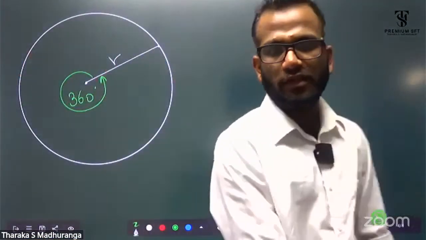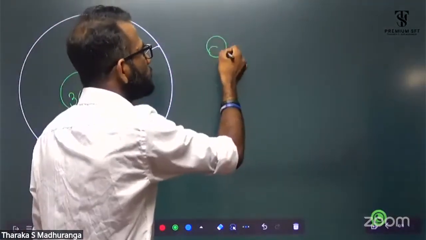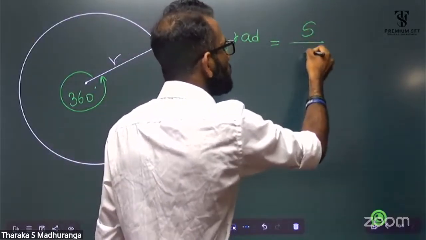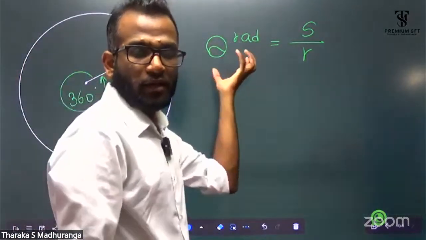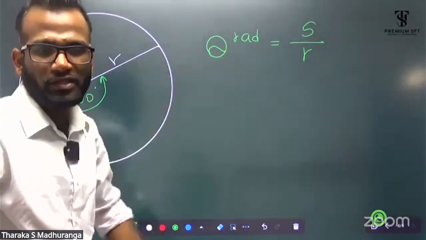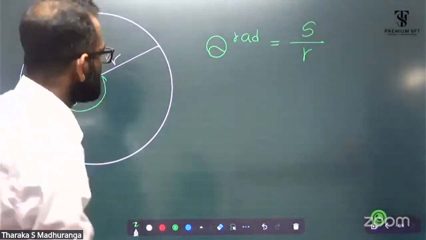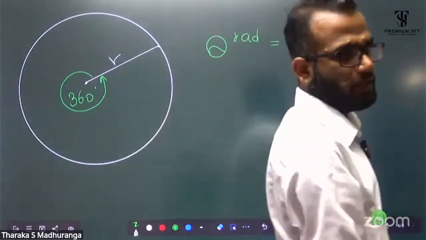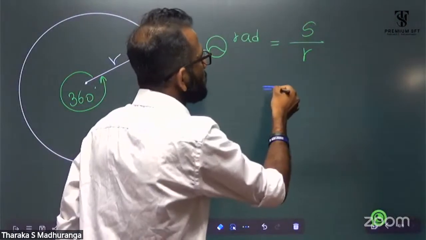If you take the full arc length, theta in radian equals s over r, arc length over r. Then we can get this angle in radians. In rotational motion also, angular displacement means that: the rotational angle in radians.